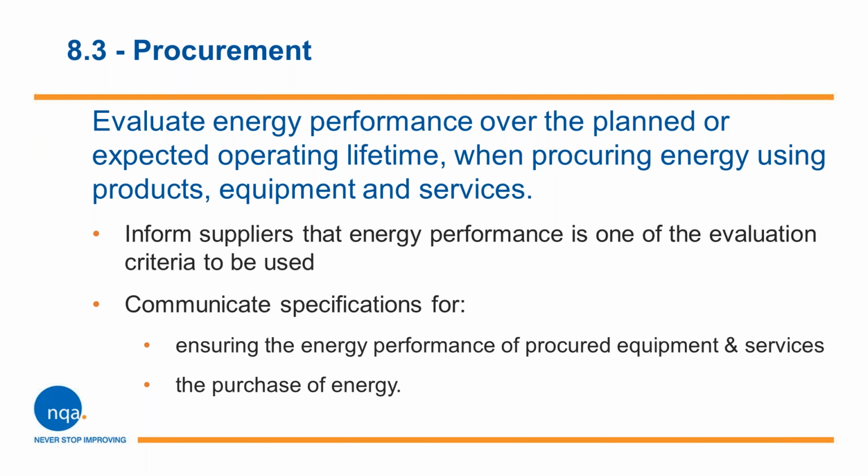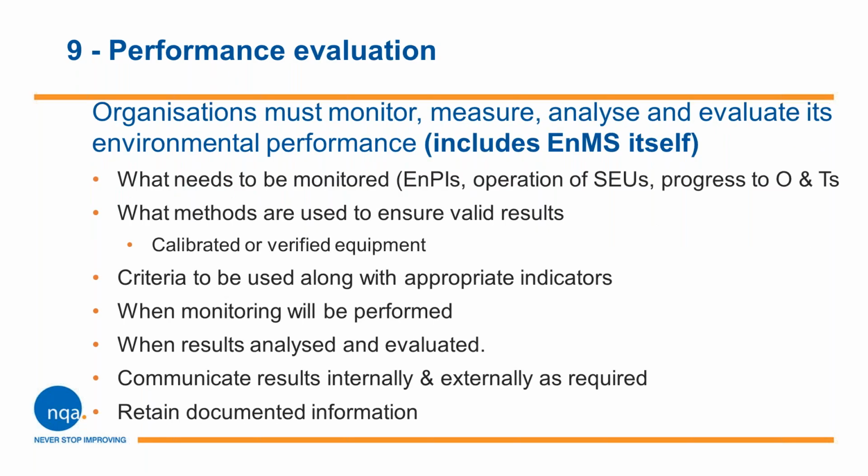And if it is something that is going to have an effect on significant energy performance, if it's something related to a significant energy use, you have to communicate to your supplier that one of the evaluation criteria to be used will be energy performance. And that is something that we will check on when we're looking at purchasing decisions.